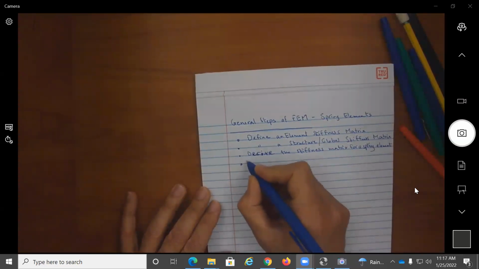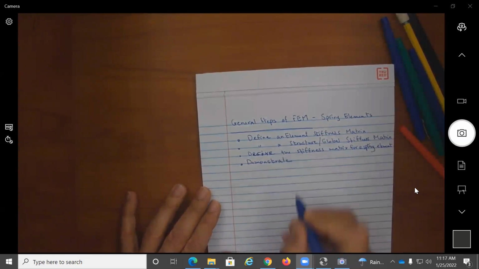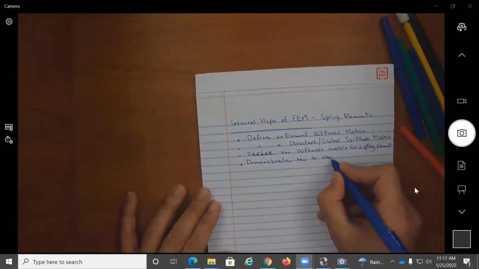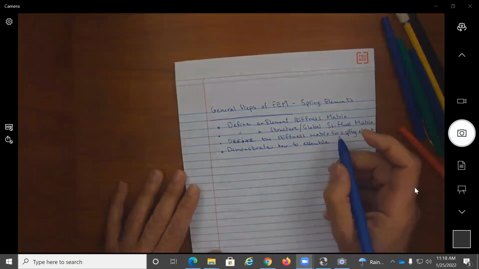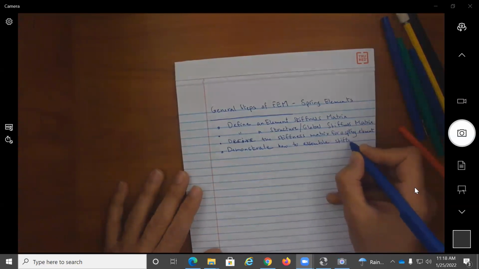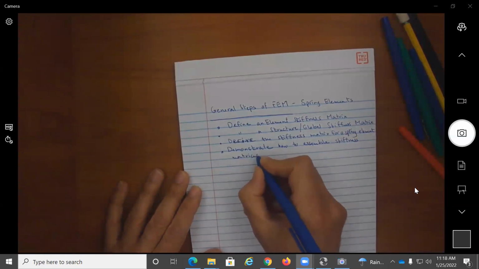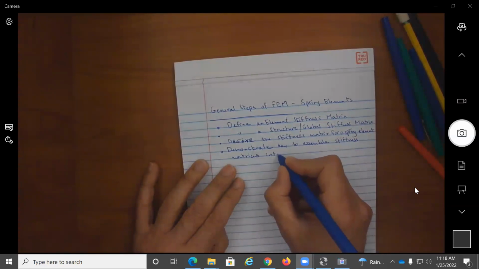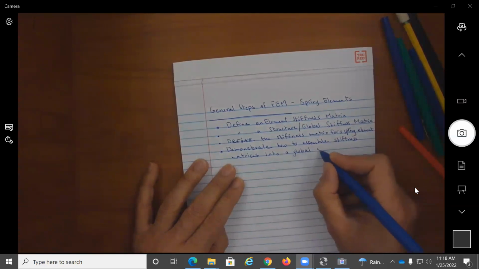And as soon as we have that, I'm going to demonstrate how to assemble the stiffness matrices into a global stiffness matrix.